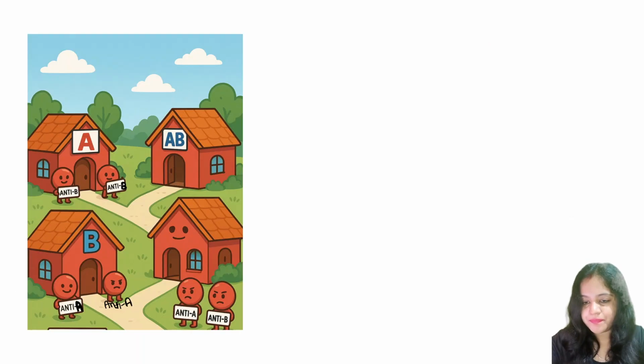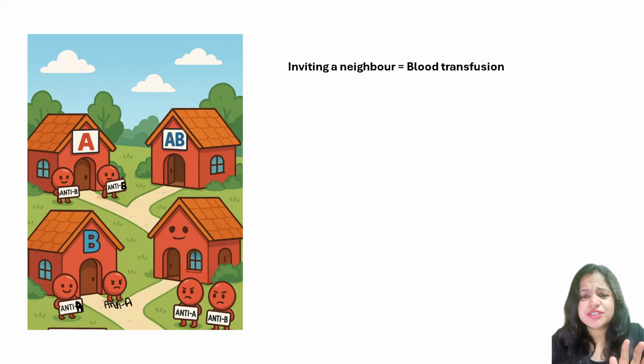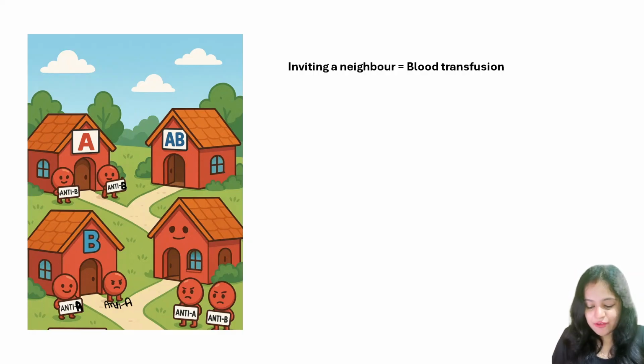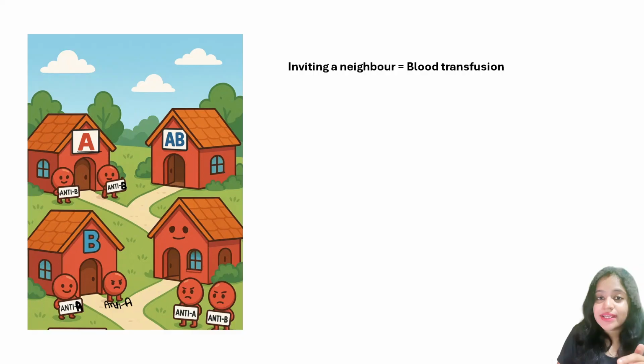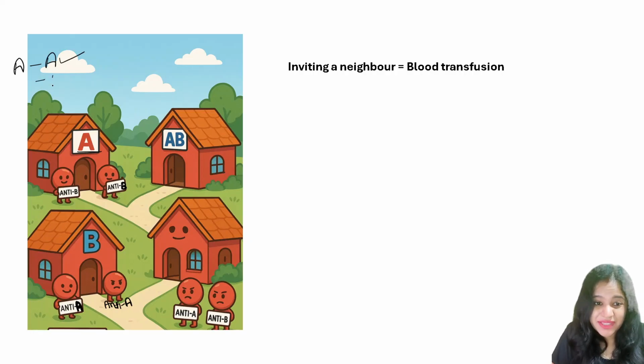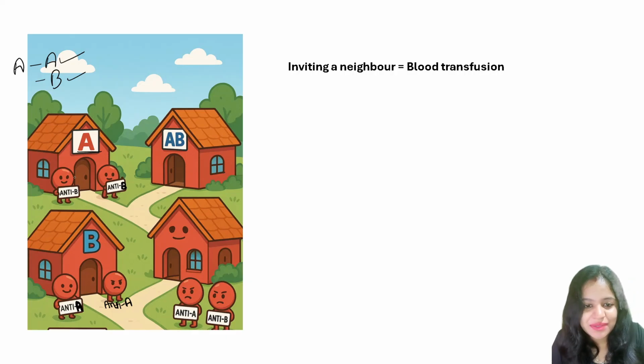Clear? Now, let's see what happens when you require a blood transfusion. Now, blood transfusion is like inviting a neighbor for a party. So, let's see which house can have which all guests. So, let's see if your house A has a party. Who all can come for house A? If A has a party, obviously, other house A guests can come. They are invited. Can B come? No. Anti-B antibodies are standing here, right?